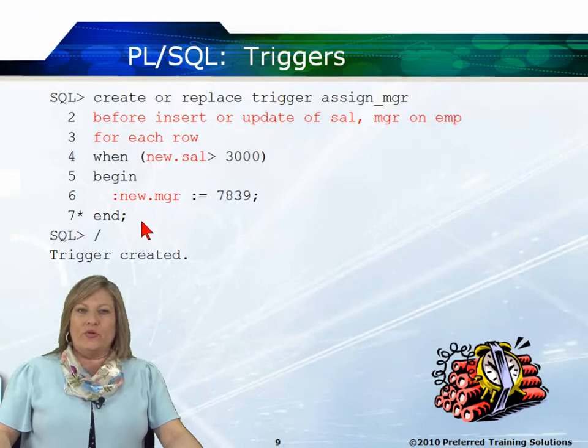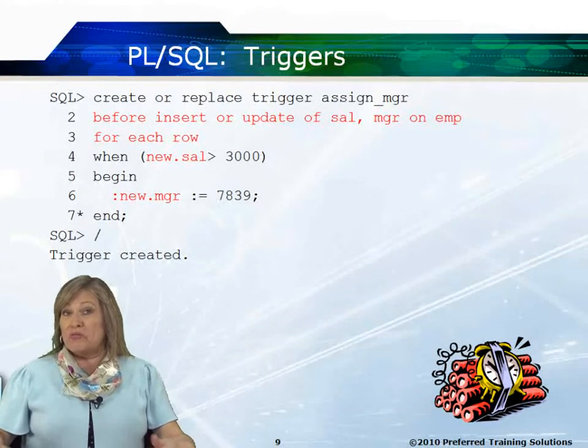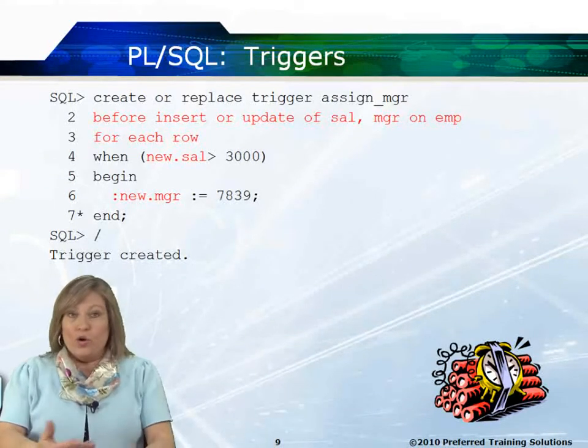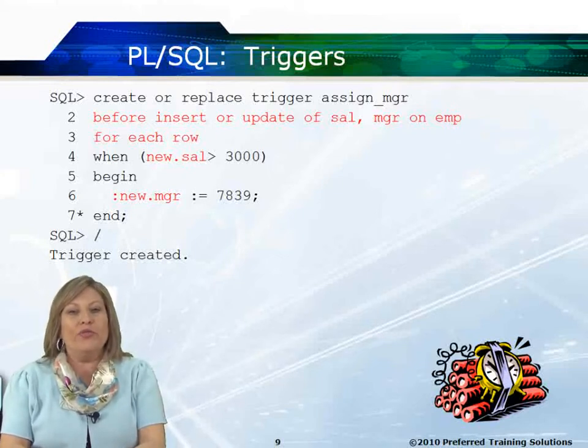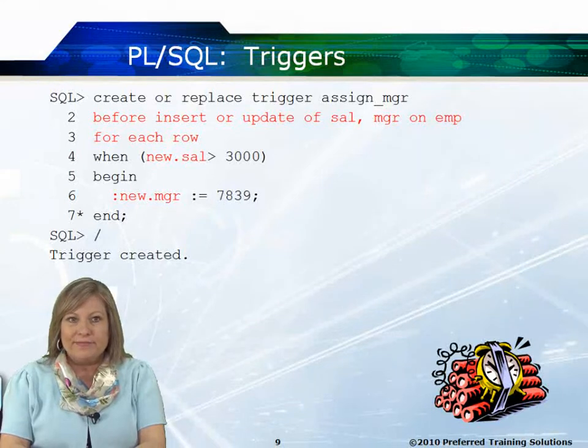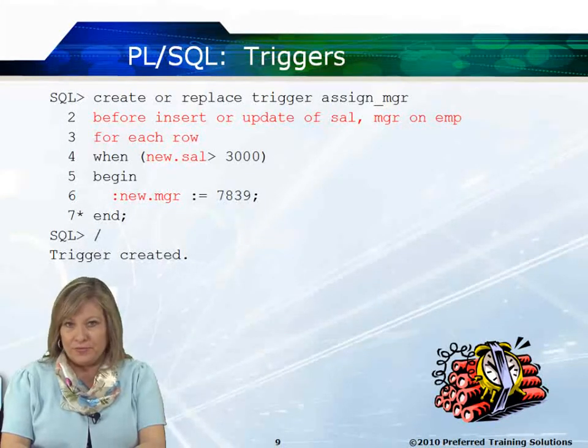I end the create trigger command, I execute it, and I get my message indicating that my trigger was created. Now, just like stored procedures and functions, by creating the trigger, you're parsing it and loading both the parsed form and the source code into the data dictionary. You're not actually executing the code.